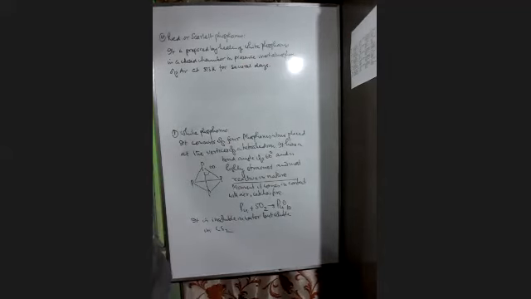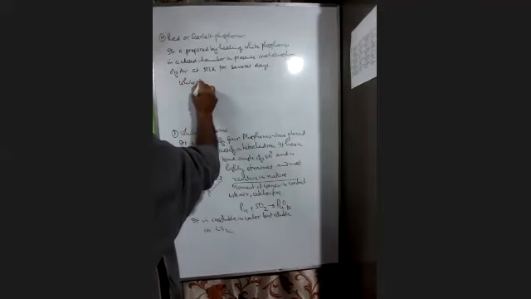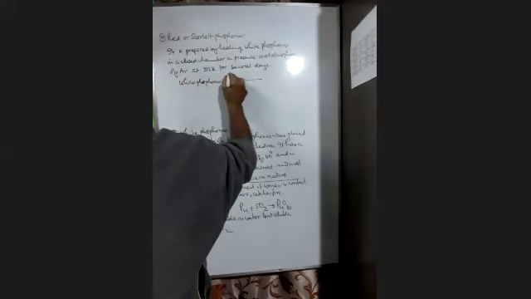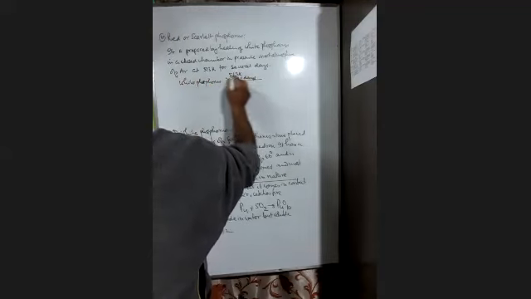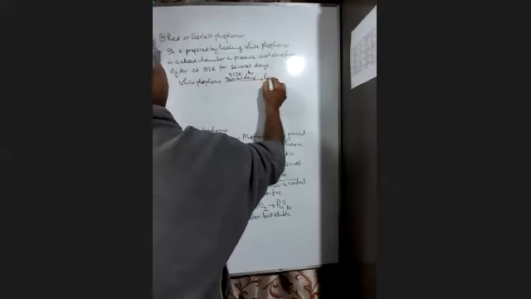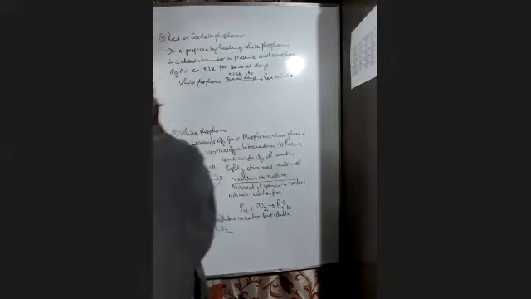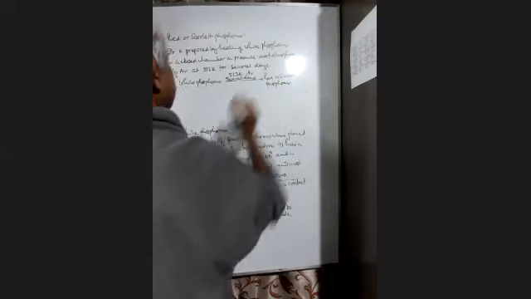So white phosphorus, heated for several days in the presence of argon, gives you red or scarlet phosphorus.